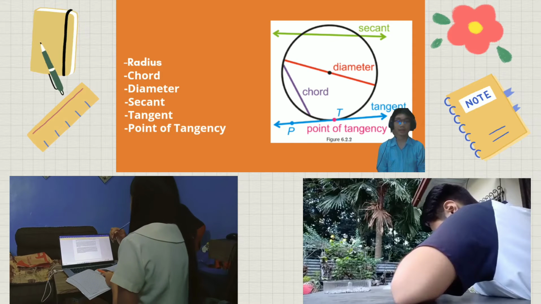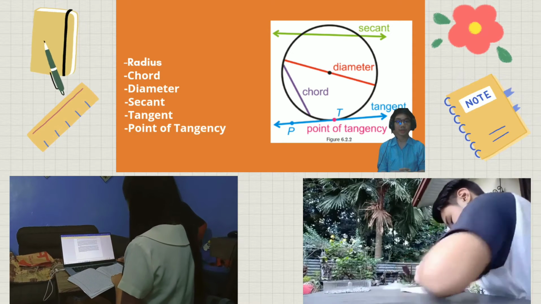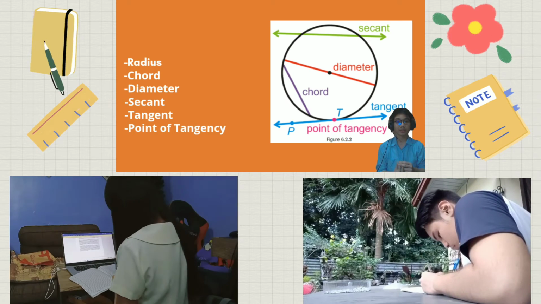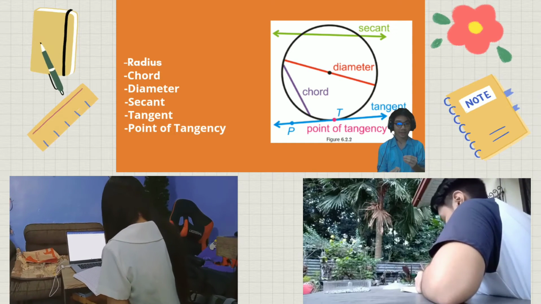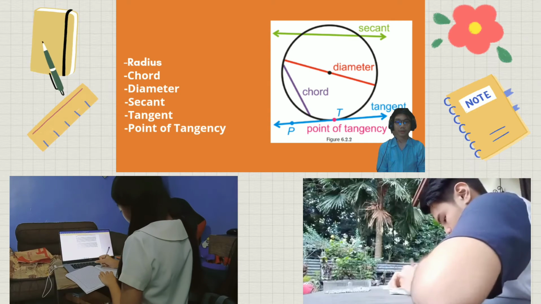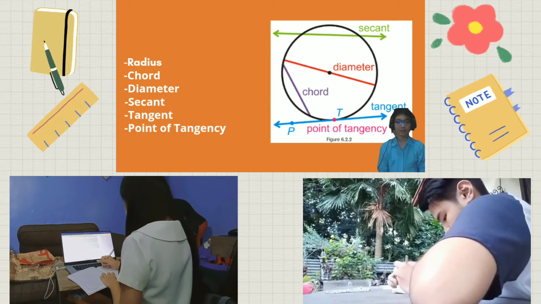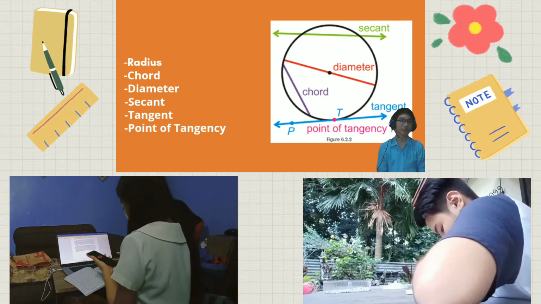It is a line that intersects a circle in 2 points. And there is also the tangent. It is also a line that intersects a circle in exactly 1 point only. Next is the point of tangency. It is the point where a tangent line touches the circle.